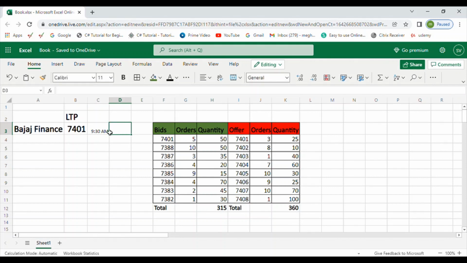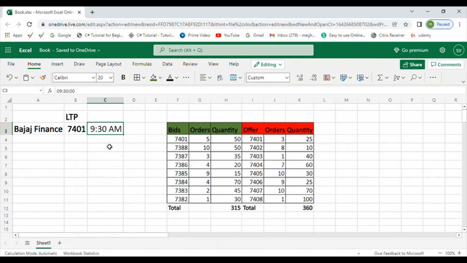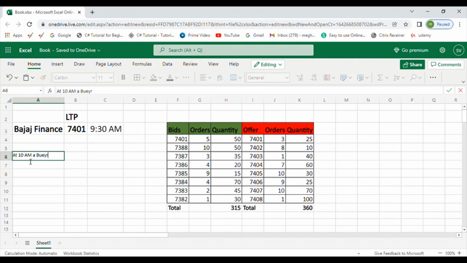Let's assume this is at 9:30 a.m., and at 10 a.m. a buyer came and placed a market order of, let's say, 500 quantity. This is a big order, right?